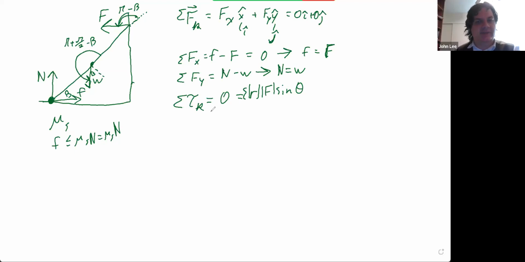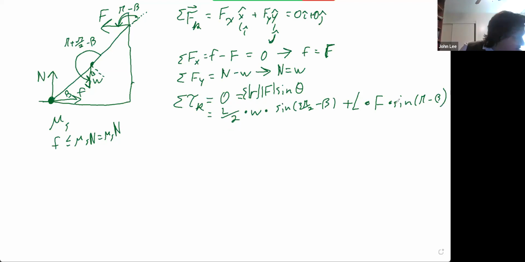The sum of R F sine theta is going to be equal to L over 2 times weight times sine of 3 pi over 2 minus beta, plus length times F times sine of pi minus beta.